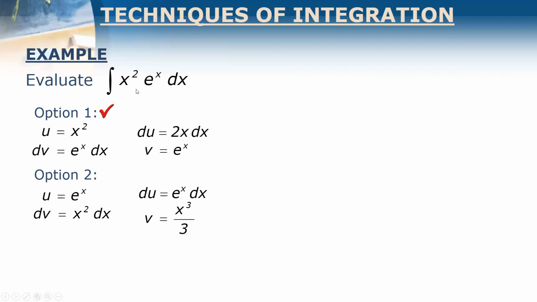Okay. At least from x squared, it becomes x now. So integral of u dv is u times v minus integral of v du.